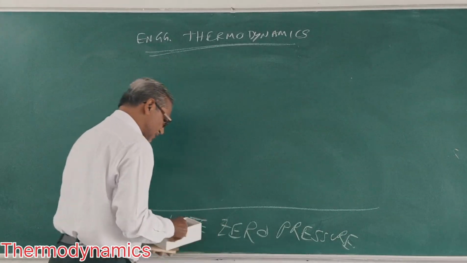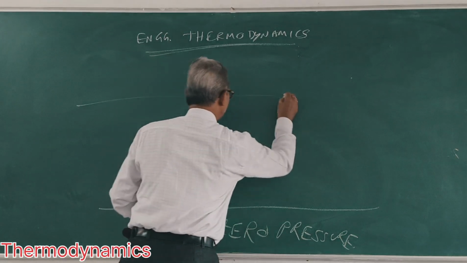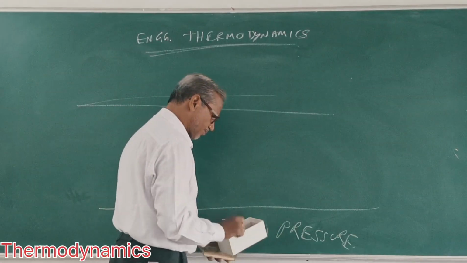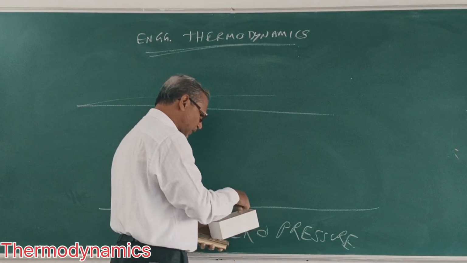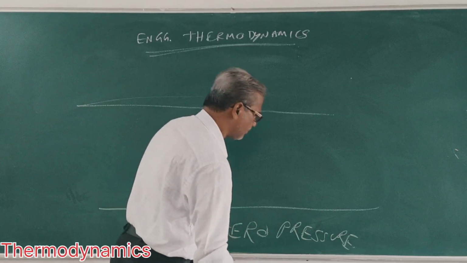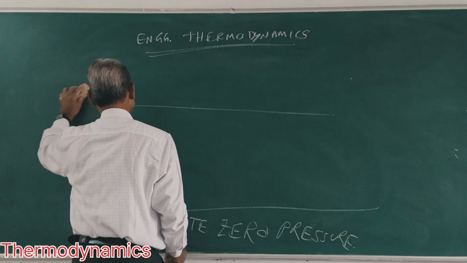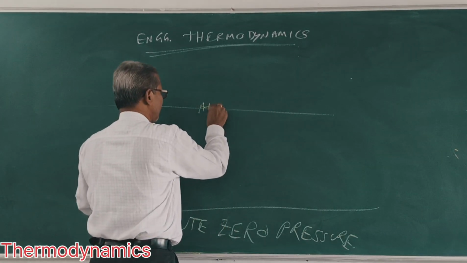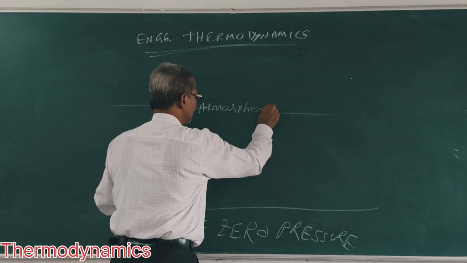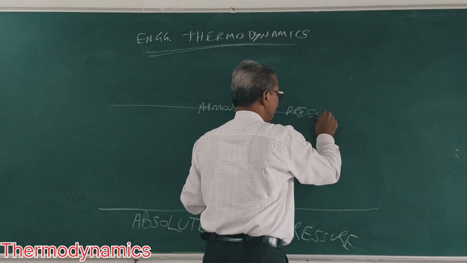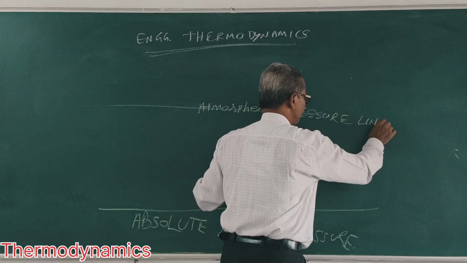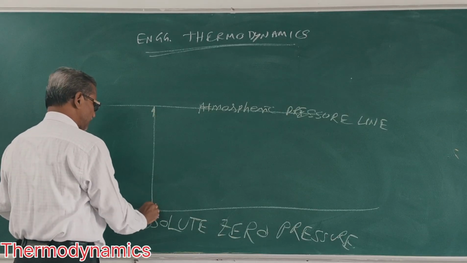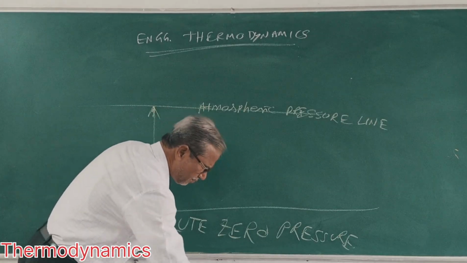So this line is the atmospheric pressure line. Now, this is P atmospheric.